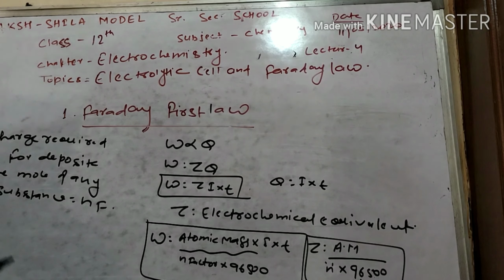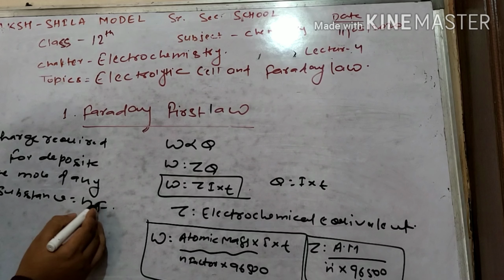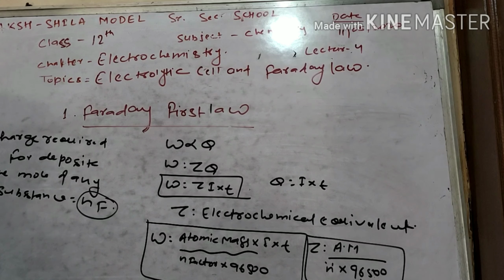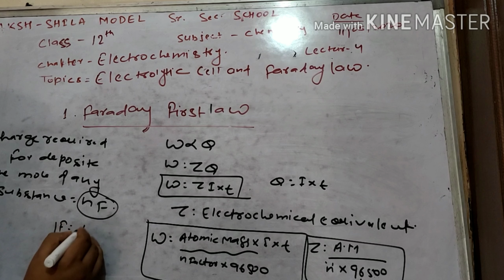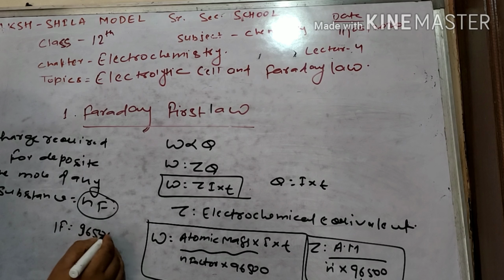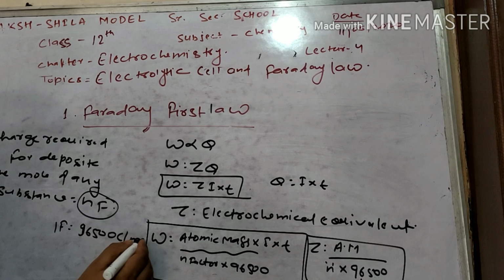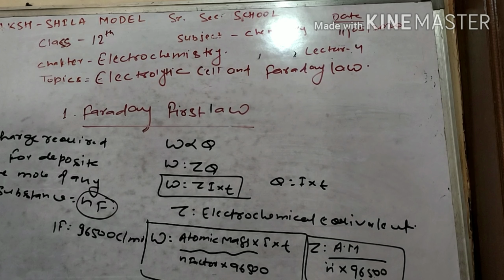The amount deposited for 1 mole of substance, the charge required is n Faraday, where 1 Faraday is equal to 96500 coulomb per mole.